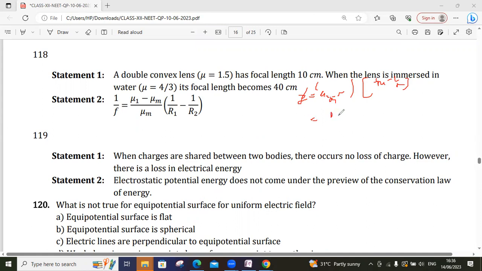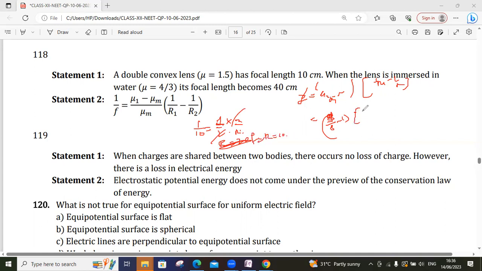So 3 by 2 divided by 4 by 3 is 9 by 8. In the initial case, 1 by f is equal to (3 by 2 minus 1) into 2 by r for a double convex lens. 1.5 minus 1 is 1 by 2, so the 2 cancels and f becomes equal to r, which is equal to 10.